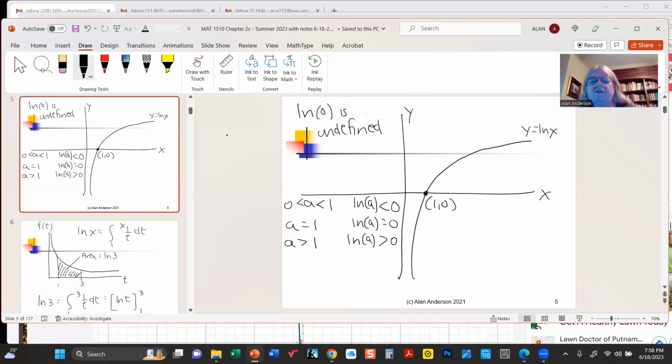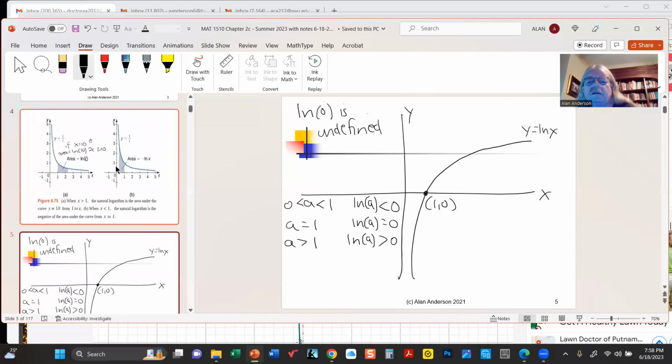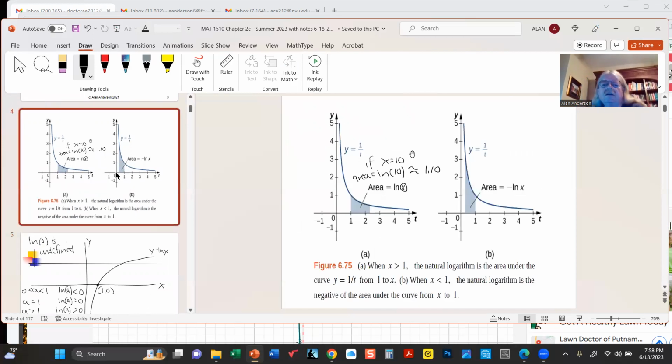So this discussion we've just been having about the definition of the log really only applies if a is greater than 1. On the left, we have x greater than 1, or here it's x greater than 1.